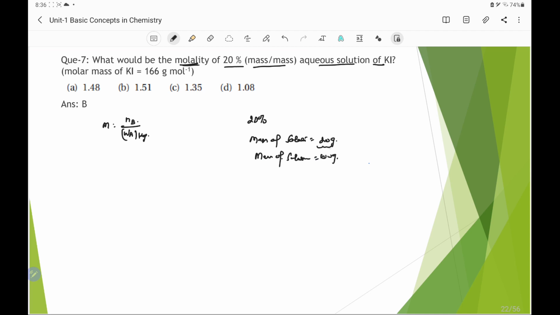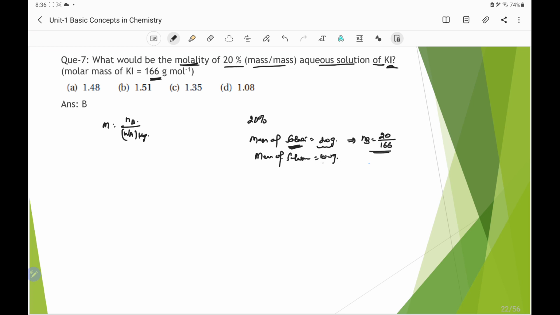And this 20 gram is the solute. The number of moles of the solute is the mass of the solute divided by its molecular weight, and the solute is KI, whose molar mass is given as 166, so we have to divide this by 166, and it will give the number of moles of the solute.